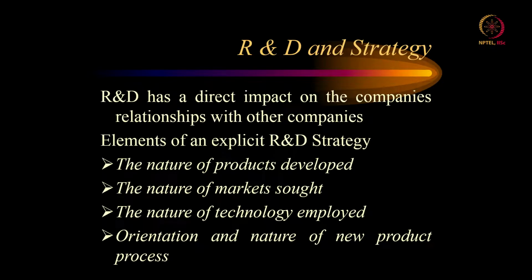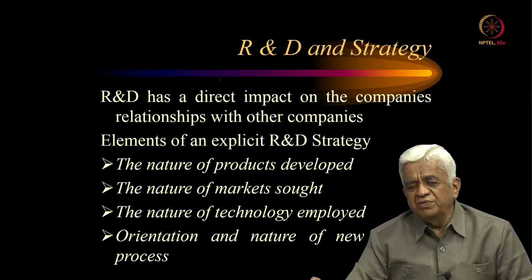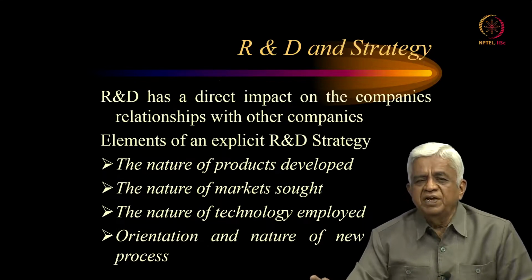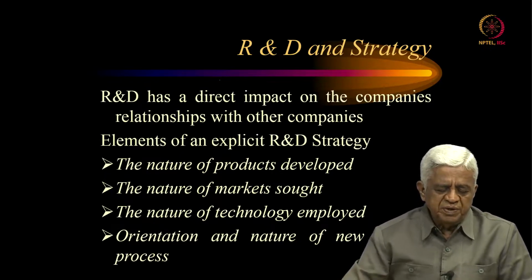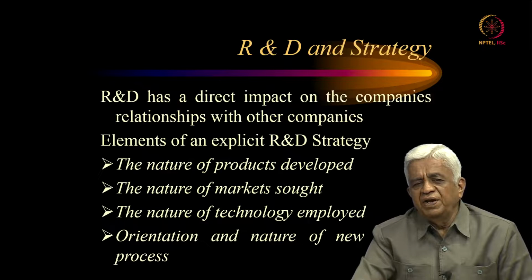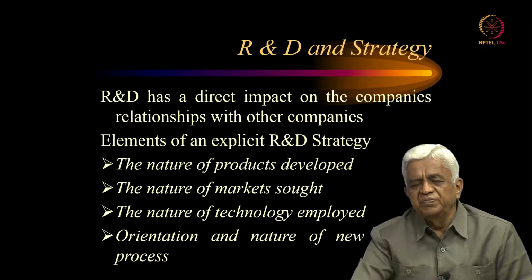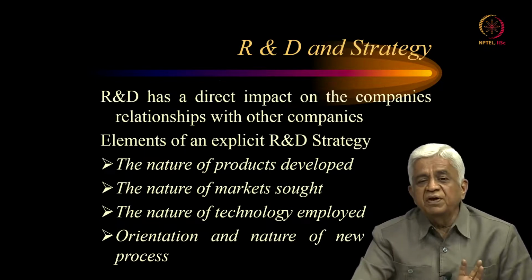Now, when you look at a few points about R&D and strategy, you look at an explicit R&D strategy element, that is the nature of products developed, the nature of markets sought, the nature of technology employed, orientation and nature of new process. So, these are the elements of an explicit R&D strategy.